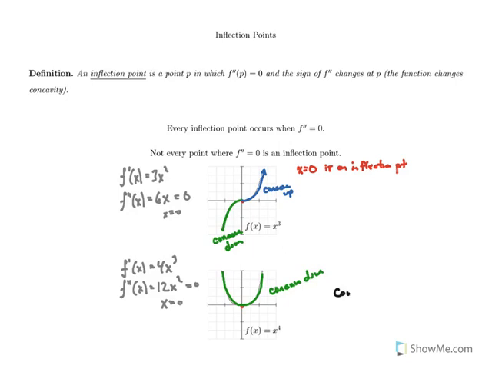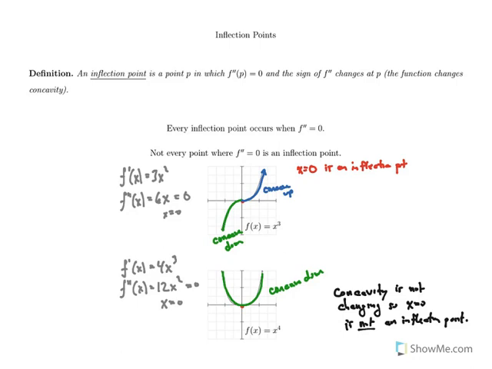So the concavity is not changing. So x equals 0 is not an inflection point. It's something else. In this case, it is a local minimum, not an inflection point.